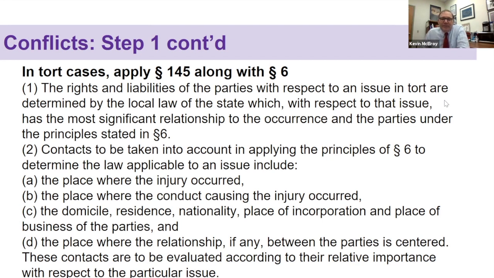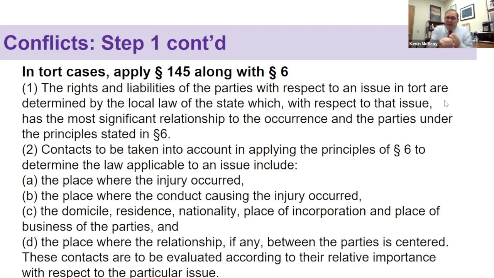Okay? The place where the relationship, if any, between the parties is centered. Now, this one's tough. If you have a car accident with somebody you've never met before, the place of your relationship, if you want to call it that, is where your cars hit each other. It's the only relationship you have. So a lot of fact patterns will lead you back to the place of injury, because that's where the car accident is.